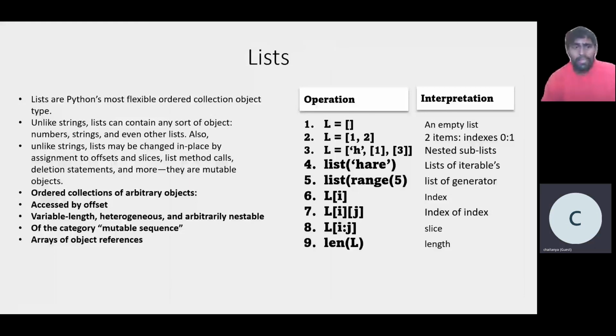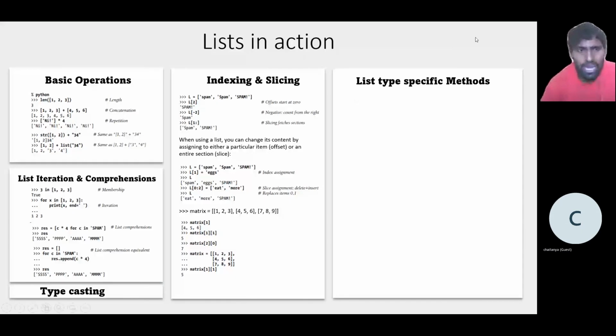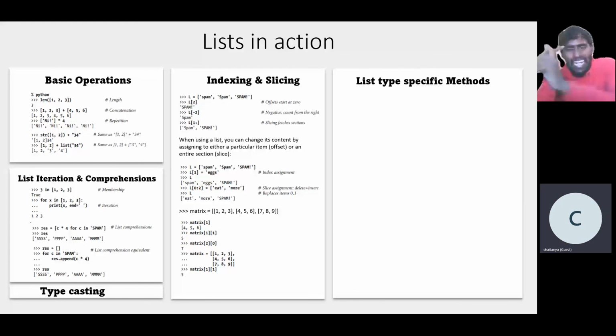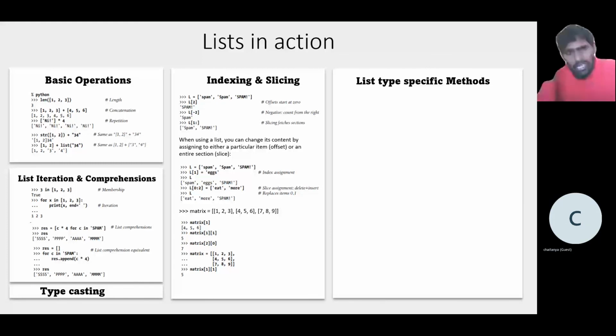By and large, it is the same, other than one behavior; the rest all are the same type of category. Basic operation, length, there also same. Concatenation, there also same. Repetition, there also same.